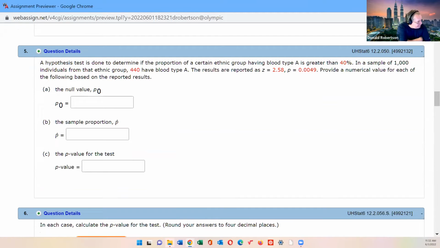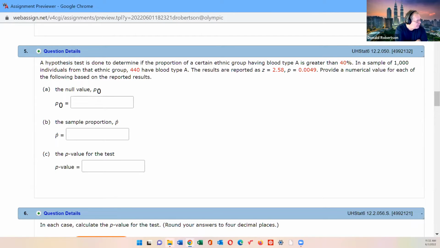A hypothesis test is done to determine if the proportion of a certain ethnic group that have blood type A is greater than 40%. In a sample of 1,000 individuals from this ethnic group, 440 had type A blood, and the results were that Z is 2.58 and that the p-value is 0.0049.